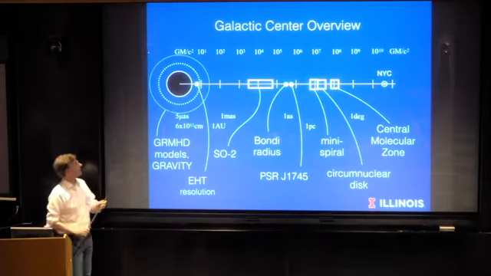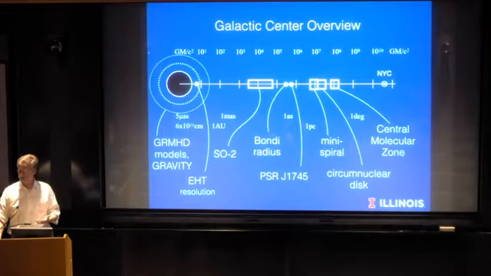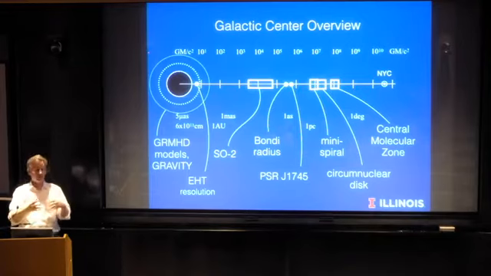In particular, I want to point out this thing, the so-called central molecular zone. Off on one side of the center of our galaxy is a molecular cloud with a mass of about 10⁷ solar masses. So we have 10⁷ solar masses of molecular hydrogen just sitting there, with a mass that exceeds the mass of the central black hole by a factor of a few.